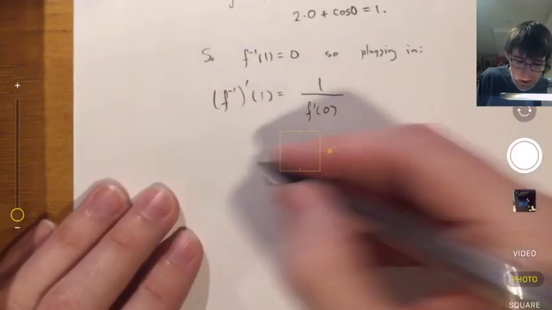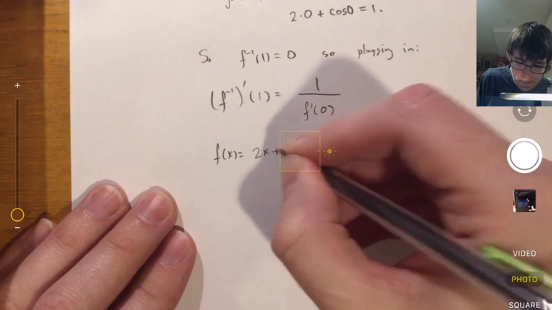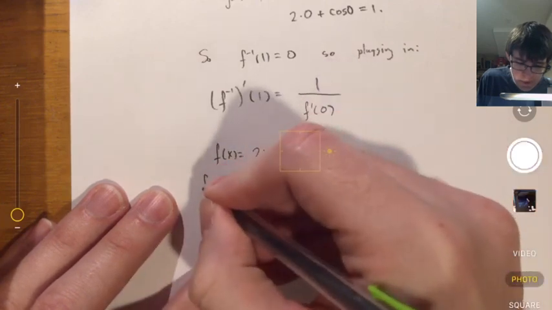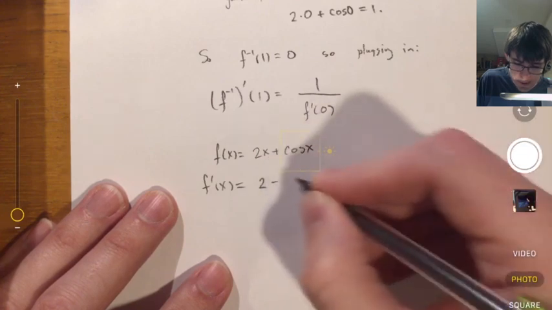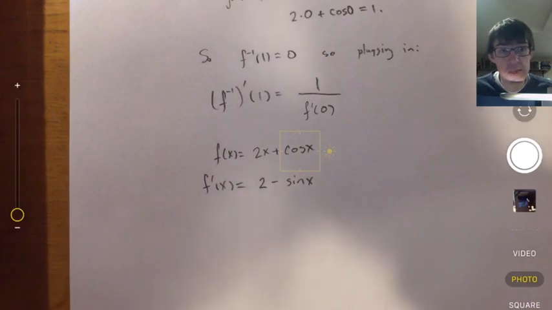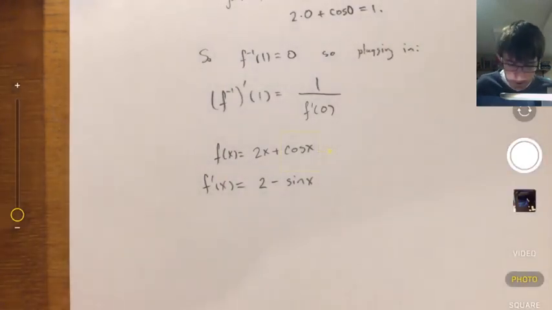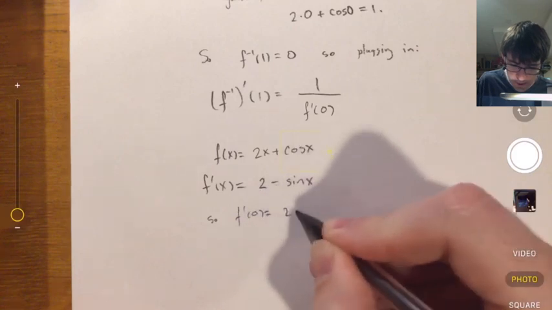Sorry, I'm a little bit over. It's all right. What is f prime of 0? First you find f prime of x. You get 2 minus sine x, that's the derivative of 2x plus cosine x. And then we plug in 0. So f prime of 0 is 2 minus sine of 0.